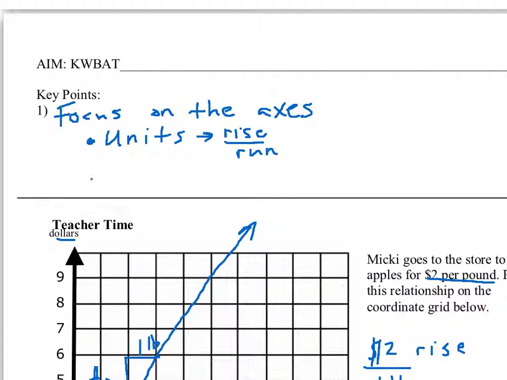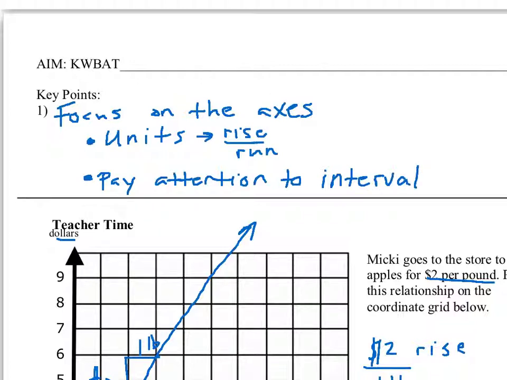The numbers. Make sure that you know what the interval is. Pay attention to interval. How much are you counting by? So that's the one that's very specific to the work that we're doing on these particular problems.